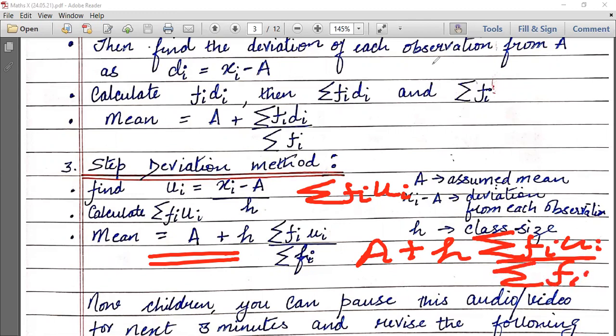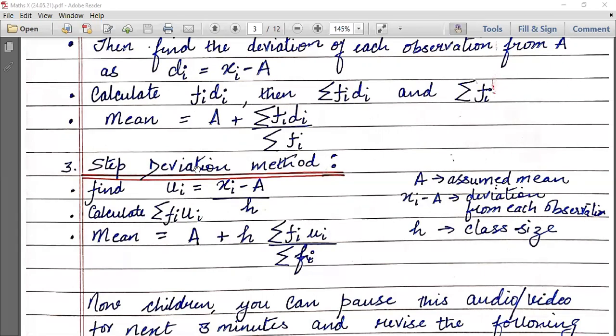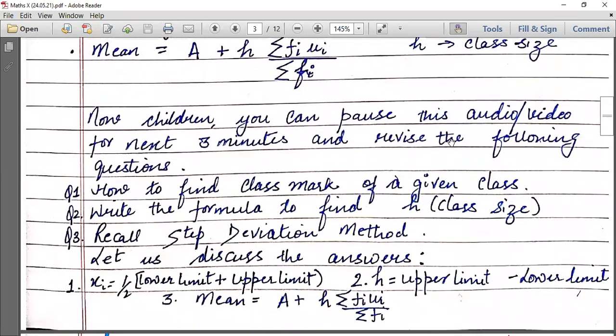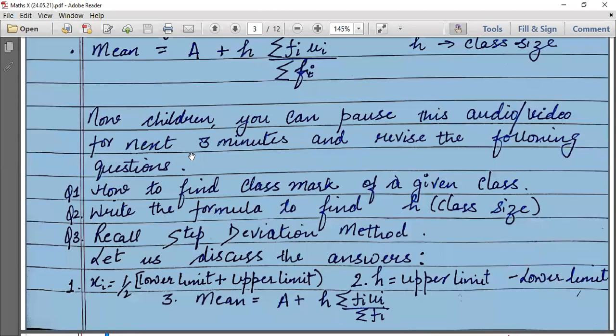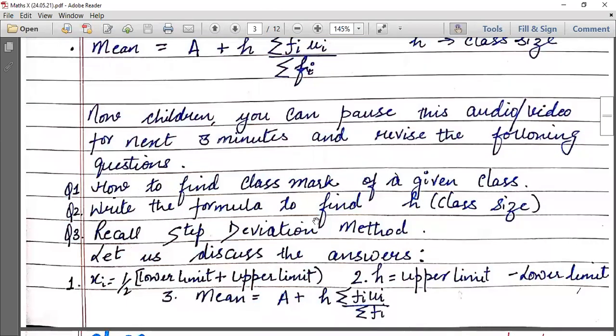Okay, children. Now you can pause this audio or video for the next 3 minutes and revise the following questions. Question number 1: how to find the class mark of a given class. Question number 2: write the formula to find h, that is class size. Recall the step deviation method. Now, children, let's discuss the answers.